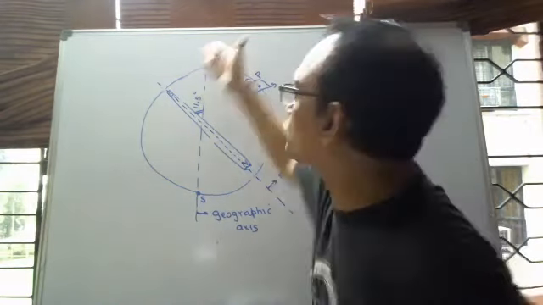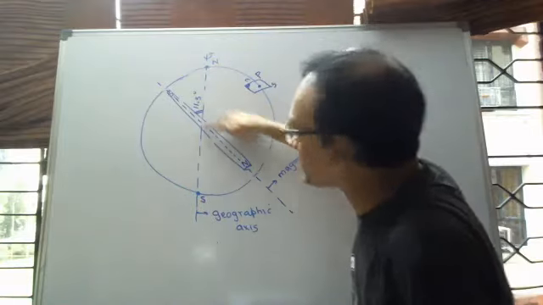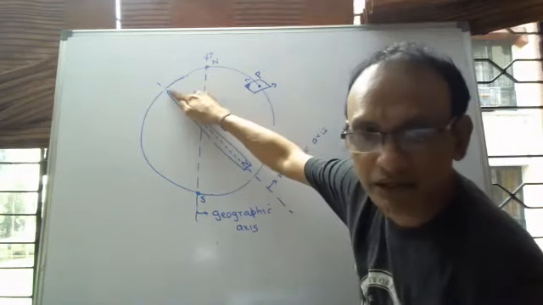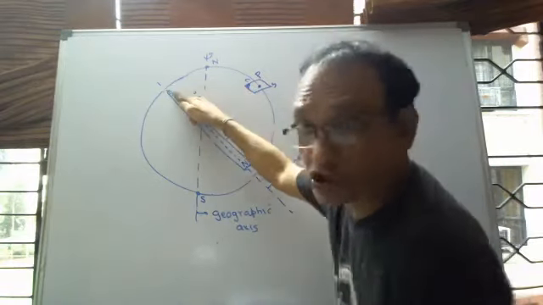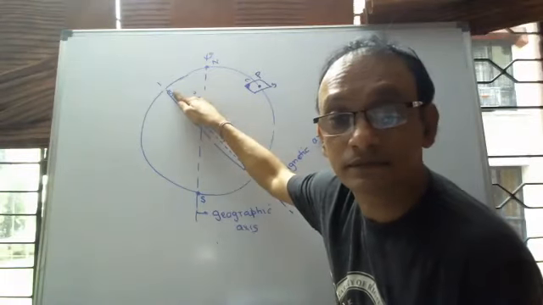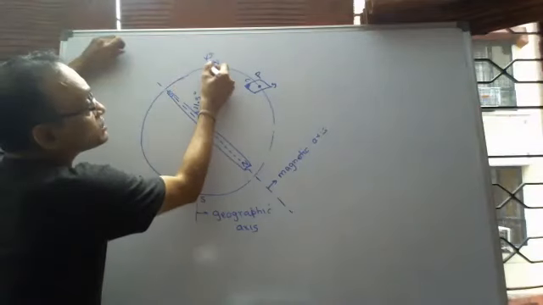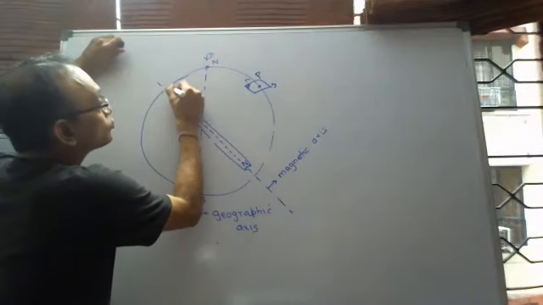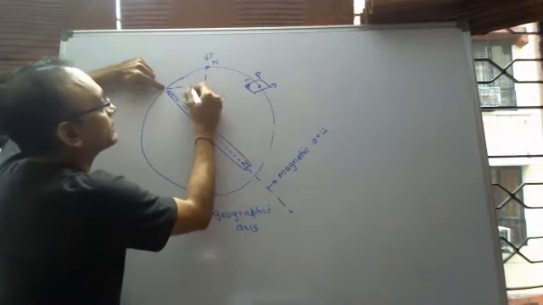The north pole of this needle will get attracted to the south pole of this magnet, so instead of taking you to the geographic north, the needle will take you to the south pole of this corresponding magnet.